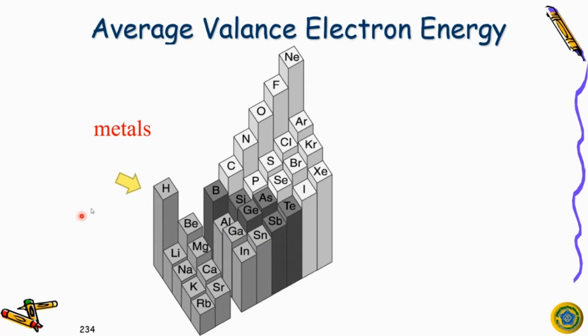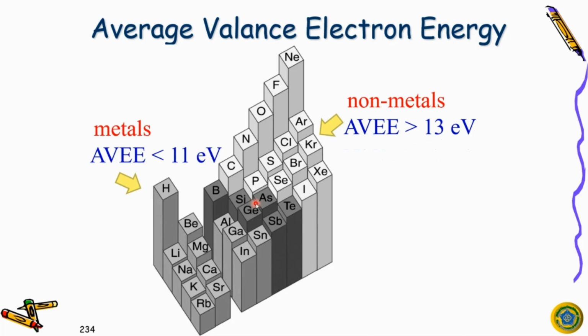I don't want you to remember precisely, but just remember roughly that for the metal, AVE is less than 11 electron volts. And for the non-metal, the AVE is larger than 13 electron volts. For example, oxygen we just learned, it's about 20 electron volts.